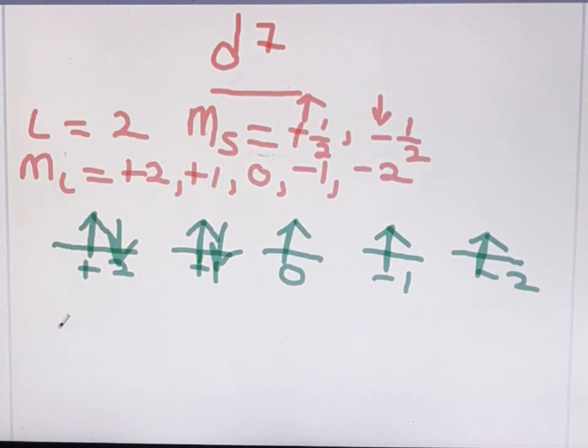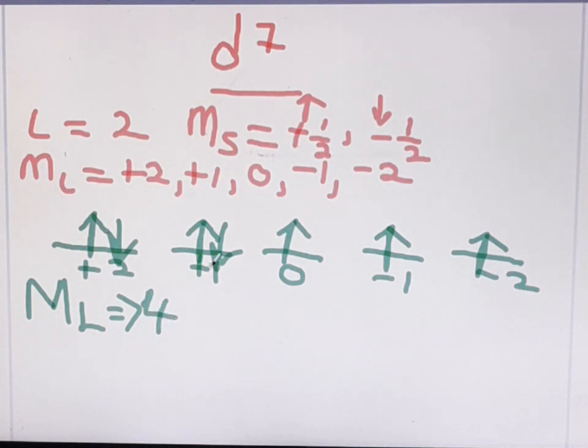The next is to determine the total orbital angular momentum quantum number. To do this, we add up the magnetic quantum number of the orbitals that contain electrons. Since the first orbital contains 2 electrons and the magnetic quantum number is 2, we take into account the 2 electrons, so it becomes 4.